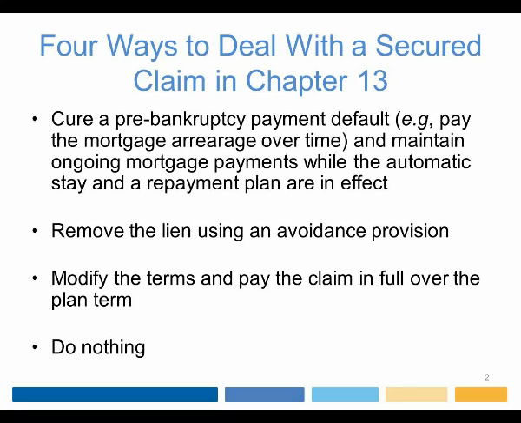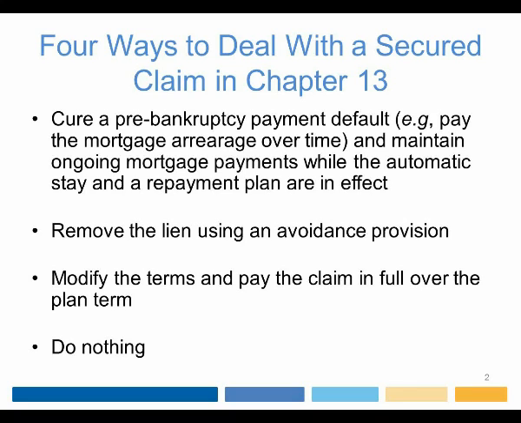The other is that for some liens, particularly things like judicial liens, the consumer would be using a provision of the bankruptcy code that allows for that lien to be avoided under certain circumstances. So that's using the bankruptcy code avoidance provisions to deal with a lien. Another, and we'll talk about this in a moment, is to use bankruptcy provisions that allow a secured claim to be modified and to be paid at the value based on the formula in the bankruptcy code, and to pay that over the plan term.